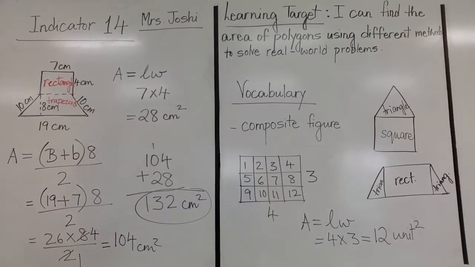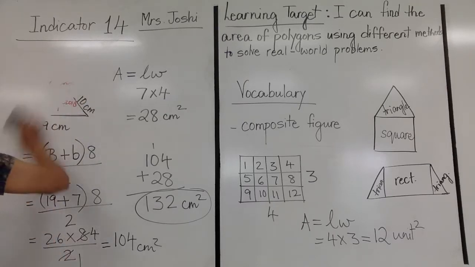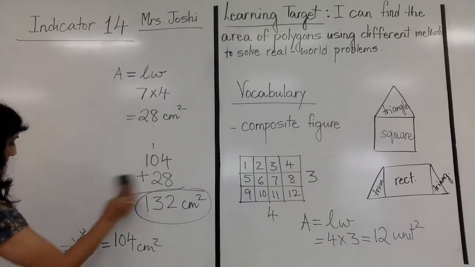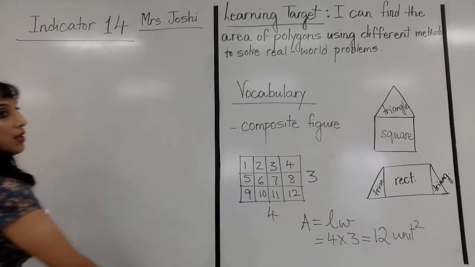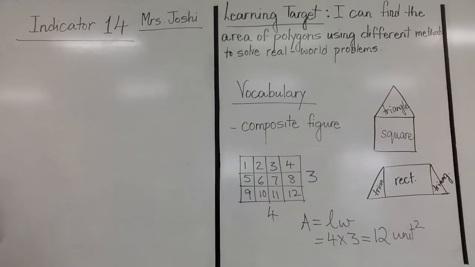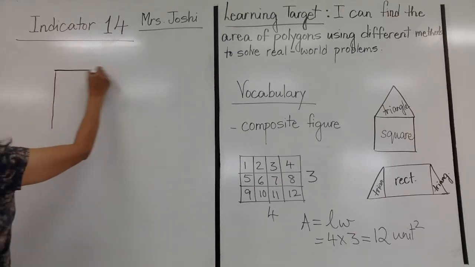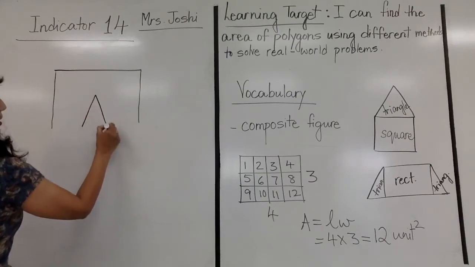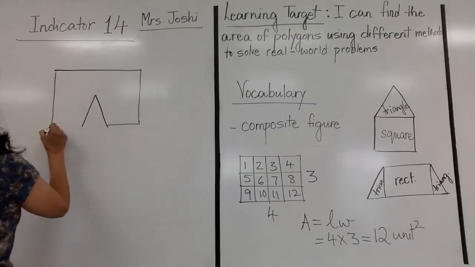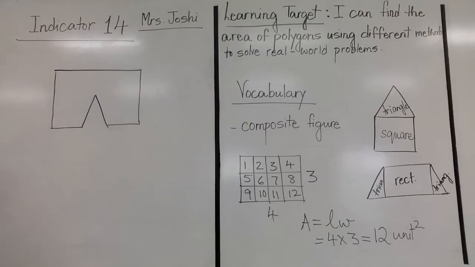let's do one in which you may have to subtract. So if I give you a shape that is like this, and then let me go ahead and do this, okay?